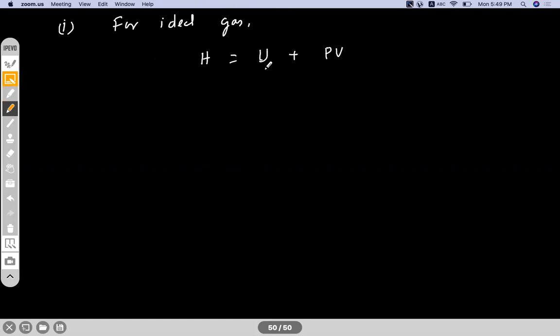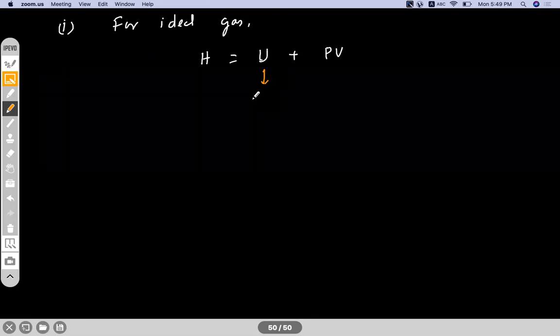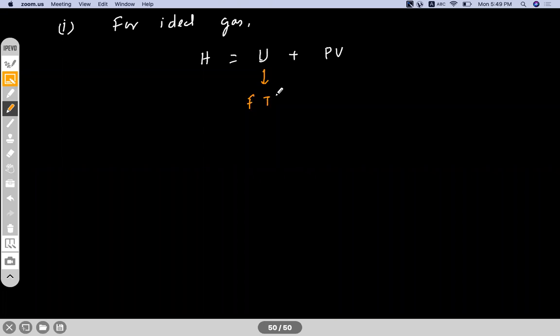U is a function of temperature, internal energy, and PV for ideal gas is nothing but nRT for ideal gas. So this PV also we can say it is a function of temperature.